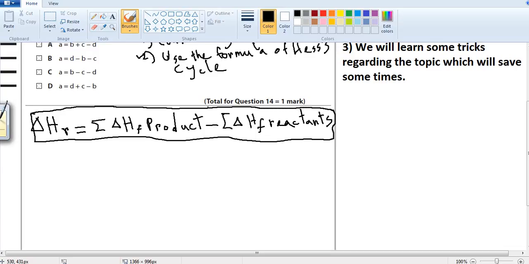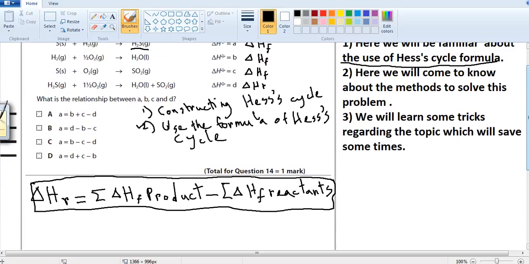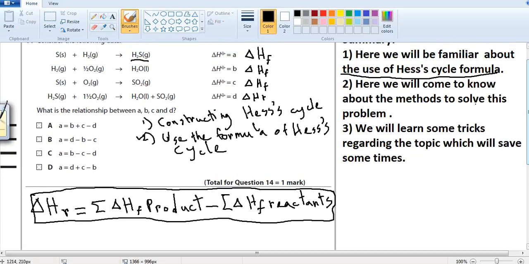So we can see that the formation enthalpy of reaction is this one.